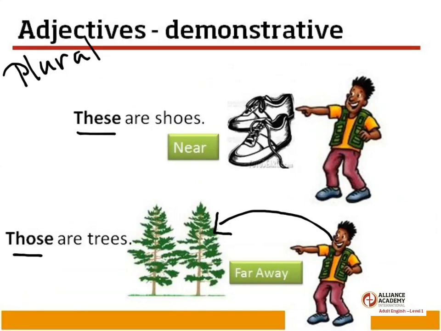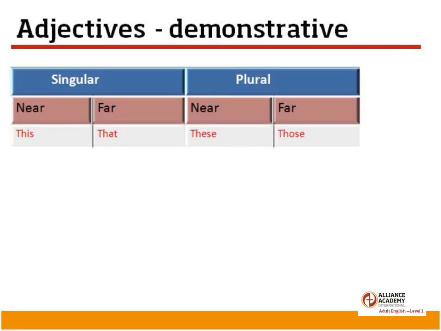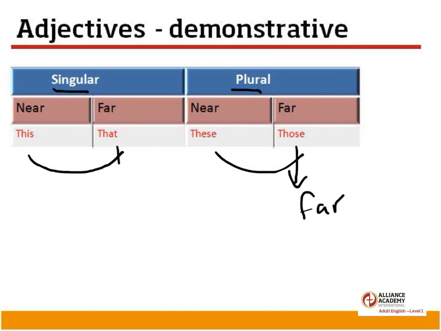So we say those are trees. Just a quick table to help us remember. This and that for singular nouns. These and those if we're using plural. Remember, those is for far, and that is for far.